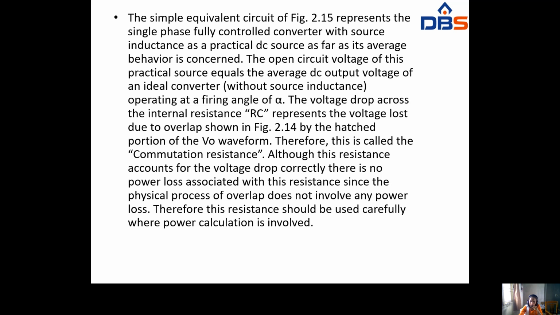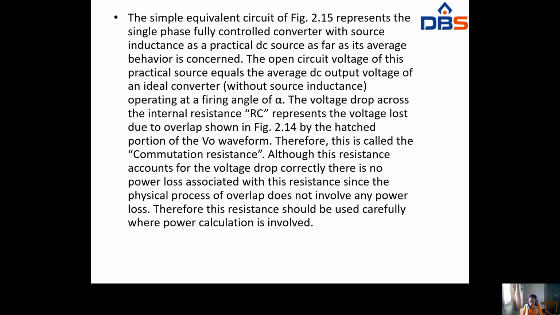So the open circuit voltage of this practical source is equal to the average DC output voltage of an ideal converter operating at firing angle alpha. The voltage drop across the internal resistance, Rc, represents the voltage lost due to overlap, shown in the figure as the hatched portion of the waveform.